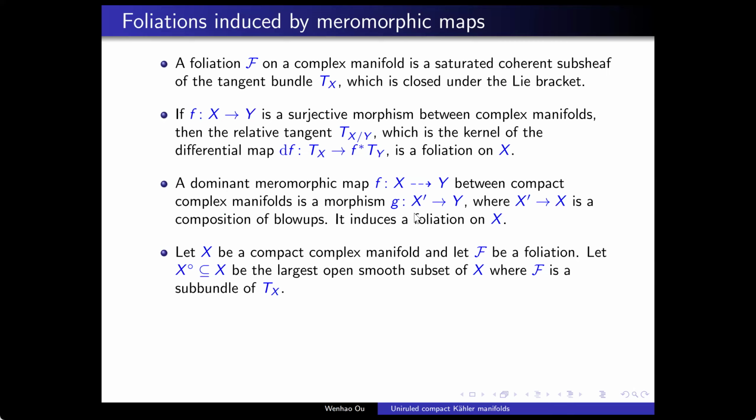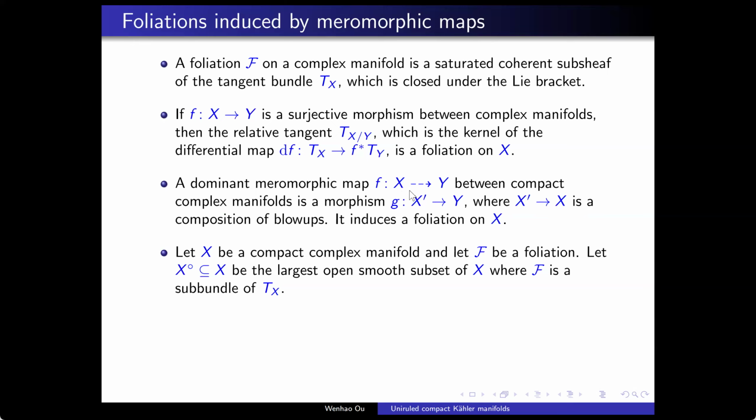Then up to blowing up X, we obtain a smooth birational model X prime so that this rational map becomes a morphism. So we get a morphism g from X prime to Y. Then this morphism g induces a foliation on X prime, and this foliation descends to some foliation on X. So in this case, we say that this foliation on X is induced by a dominant meromorphic map.